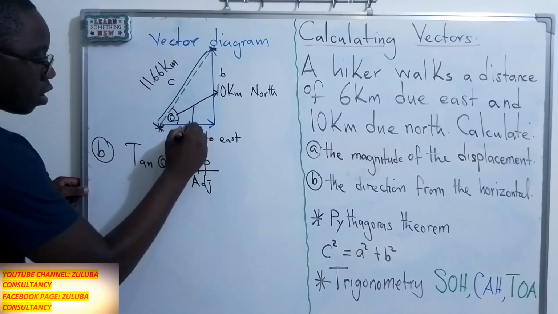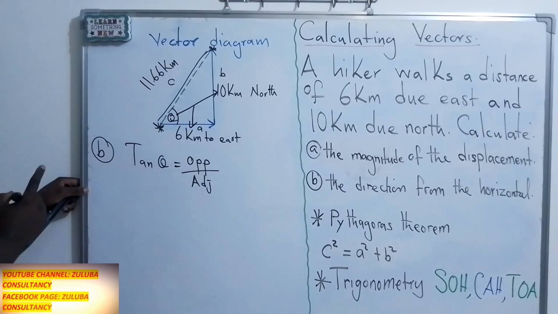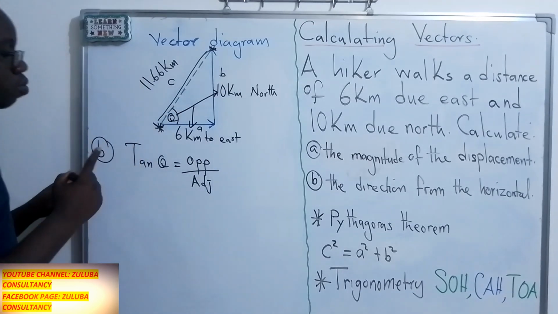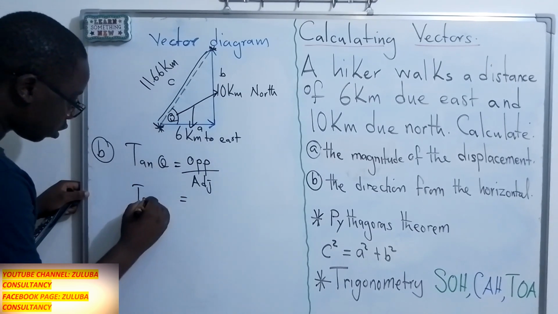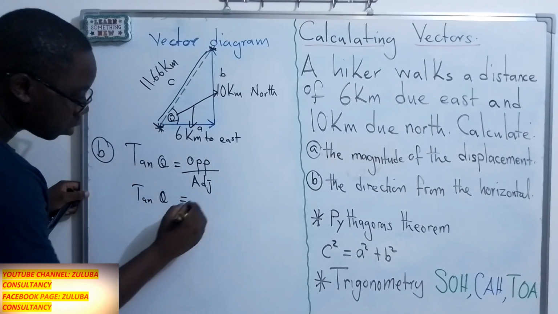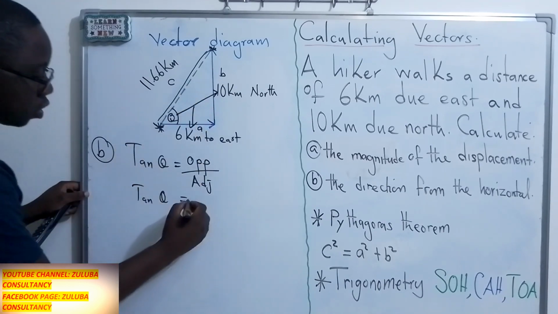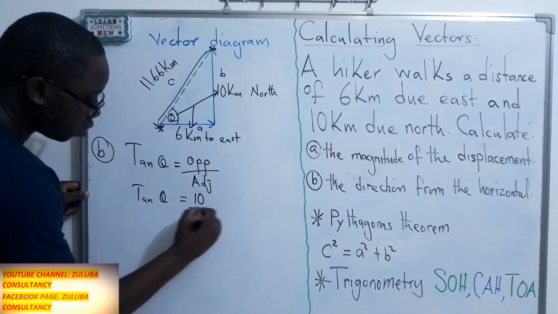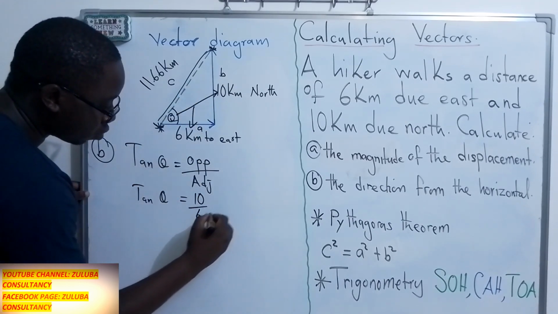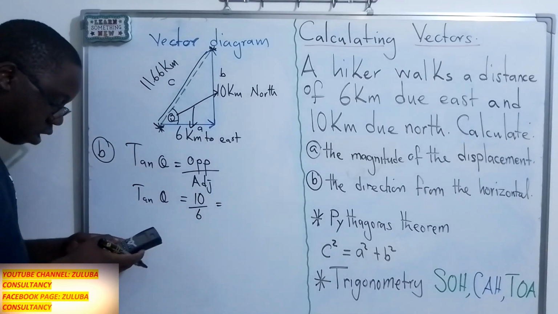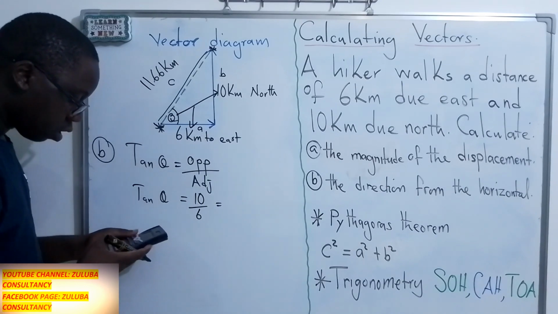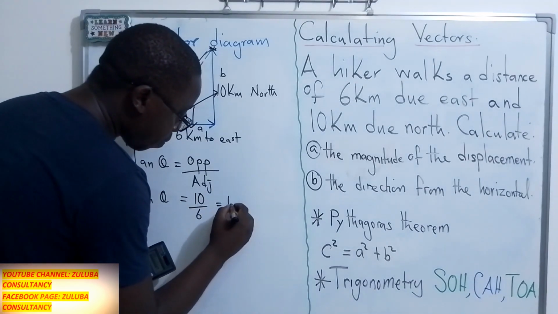Then this one is the adjacent. When it comes to the values, tan theta is equal to the opposite, which is 10 kilometers, divided by 6. So what is 10 divided by 6? It is giving us 1.667.